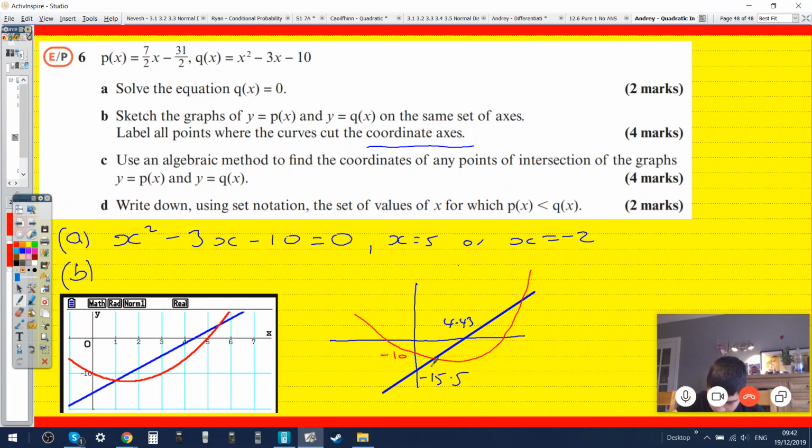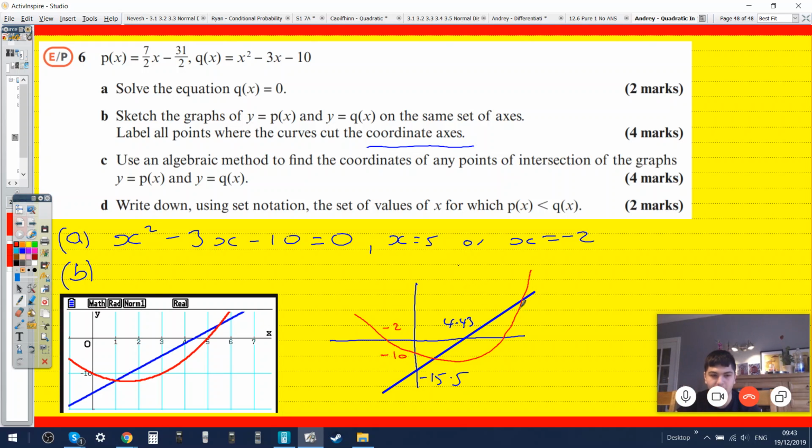It's called the root. And then for the curved line, the root is minus 2. And the other one?